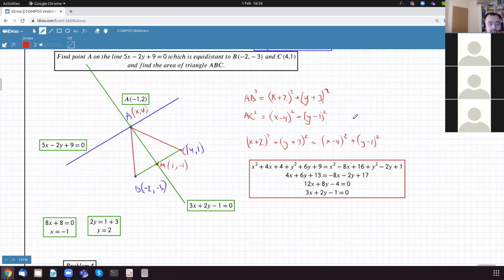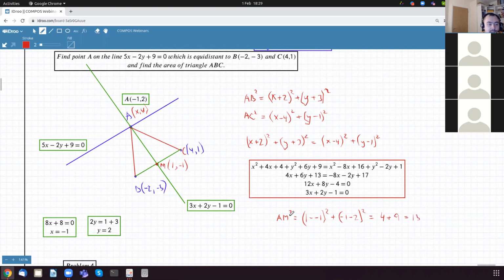And so AM squared is 1 minus minus 1, 1 minus minus 1 squared, plus minus 1 minus 2 squared, which is 2, and so 4 plus 3 squared, 9.